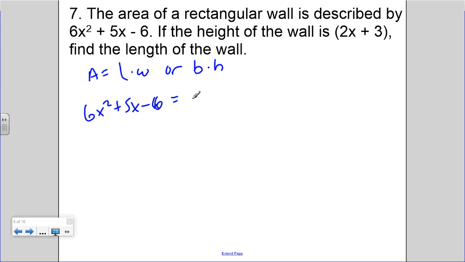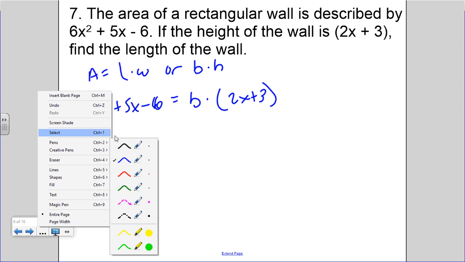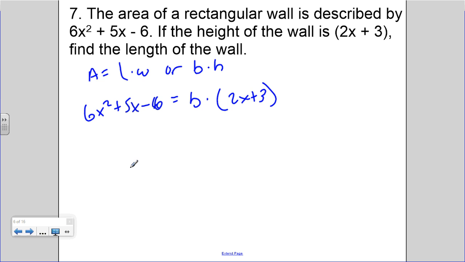They're giving us the height, so we don't know the base. So we would divide both sides by 2x plus 3 to get b by itself.